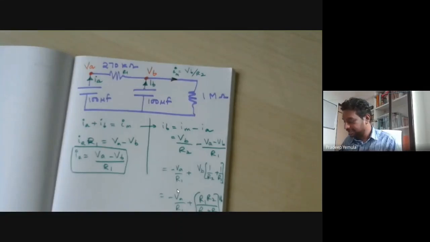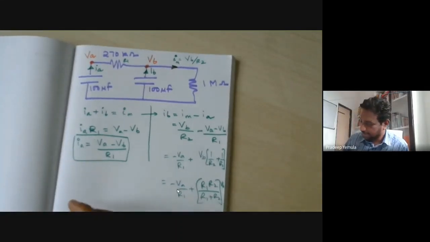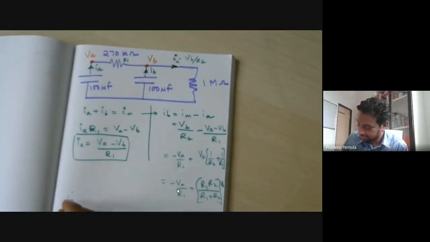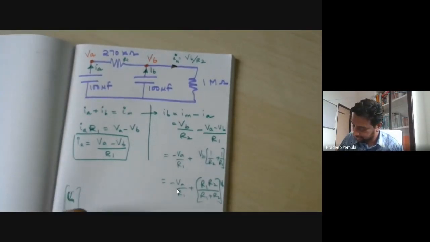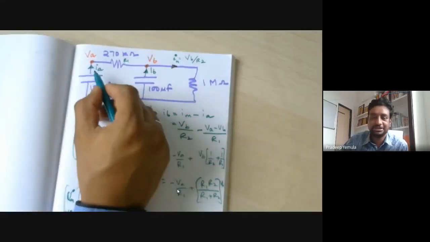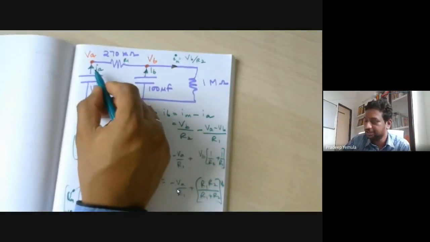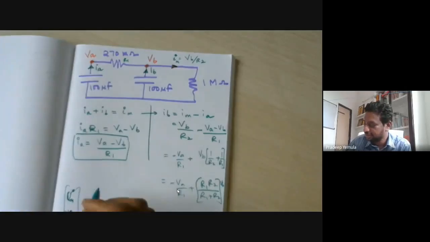Now the next step is VA dot and VB dot. I'm sorry, not IA dot and IB dot. In a capacitor, the current is nothing but C dV by dt.